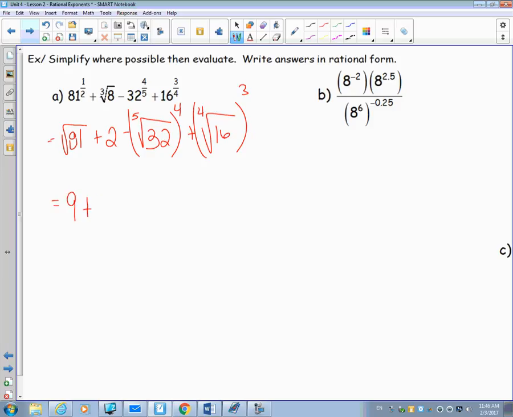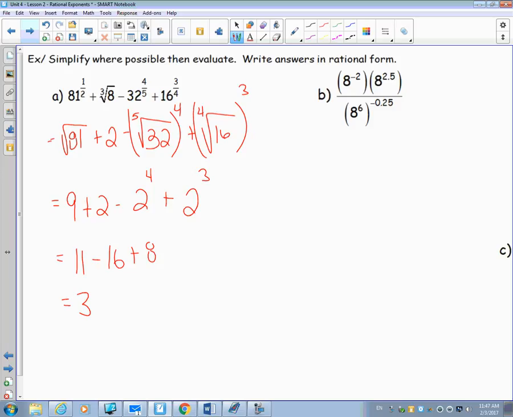That's 9. The cube root of 8 is 2. Fifth root of 32 makes 2 to the 4. Fourth root of 16 makes 2 to the 3. Again, I can calculate. 9 plus 2 is 11, minus 16 plus 8. Or in other words, I can get 3. So the big mess of integers and exponents and all those other things comes out to a nice whole number.